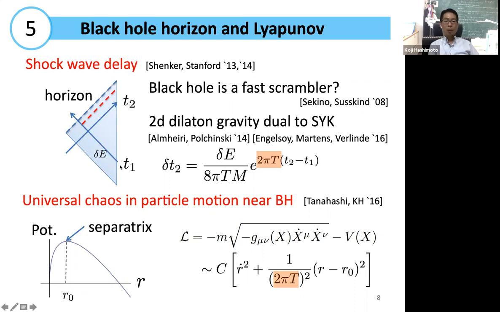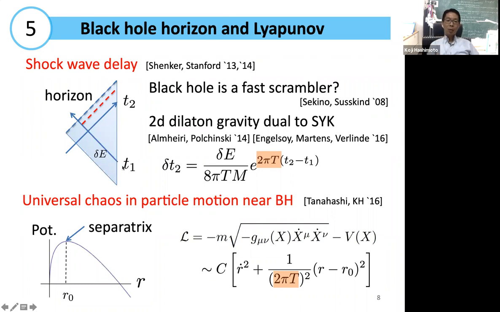Now consider bringing in some shock wave from the asymptotic boundary into the black hole, and then consider some waves coming out and observe it at time t2. So the shock wave is coming in at time t1, and we observe at time t2.